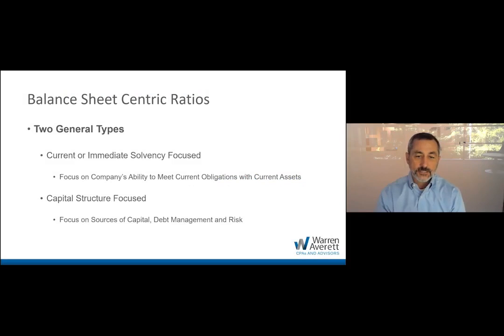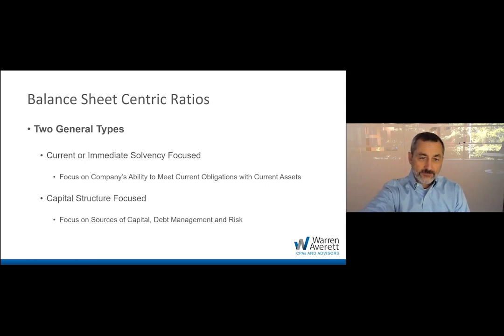These address issues related to where did the company get its capital and how is it managing debt, and relatedly, how much risk does the company carry as a result of how it is capitalized or sourced its capital for its efforts, recognizing that debt brings with it risk because that debt must be repaid and the interest must be paid annually as well. So that's a higher fixed cost that must be met every reporting period, every quarter, every month, every year. So that brings more risk.